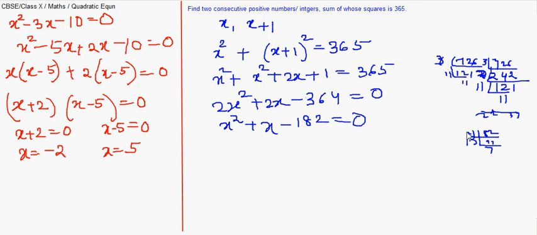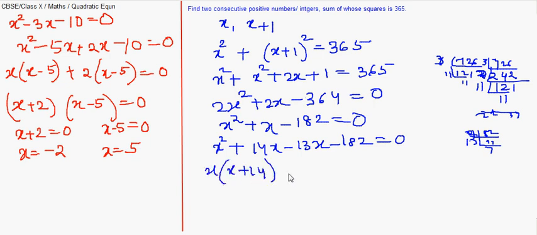So it is 14 into 7. Yes, so I'm getting x square plus 14x minus 13x minus 182 equals 0. If I take x plus 14 common, minus 13 when taken will be leaving me with x plus 14 again.